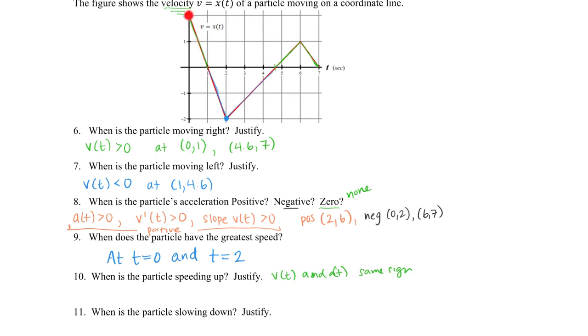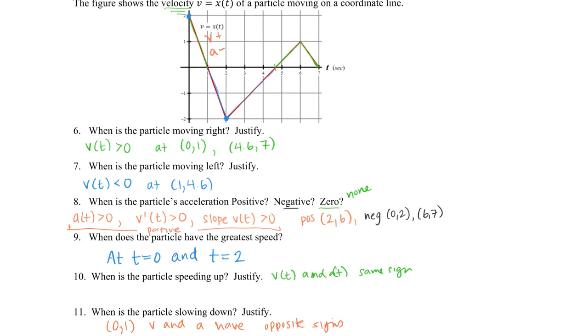Acceleration is the slope, and the slope here is negative. So the velocity is positive, but the slope is negative, which means the particle is slowing down. So the particle is slowing down from 0 to 1. Let's justify this: the velocity and acceleration have opposite signs.